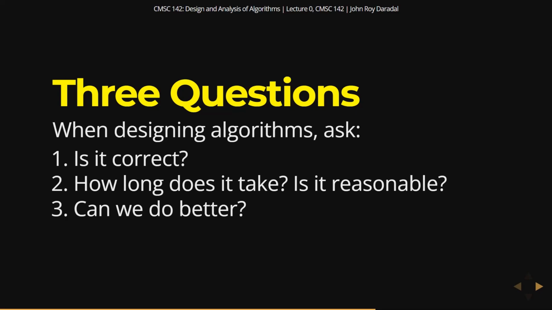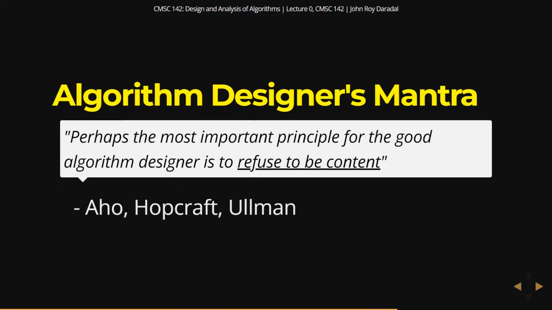The algorithm designer's mantra, according to Aho, Hopcroft, and Ullman, is: perhaps the most important principle for the good algorithm designer is to refuse to be content. Meaning you don't want to be satisfied with the current performance.